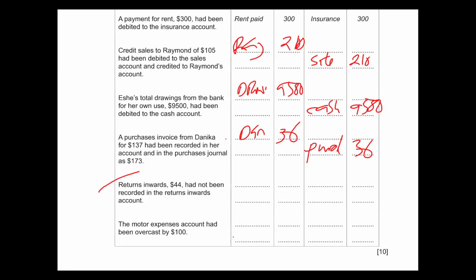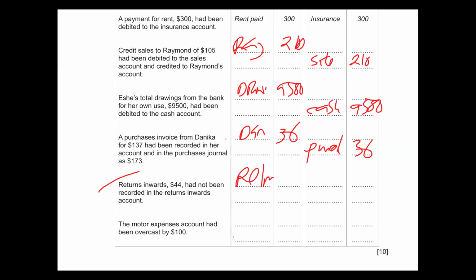Returns inwards 44 had not been recorded in the returns inwards account. Okay. There is a returns inward that had not been recorded, right? So what do you do? You debit the returns inward, isn't it?